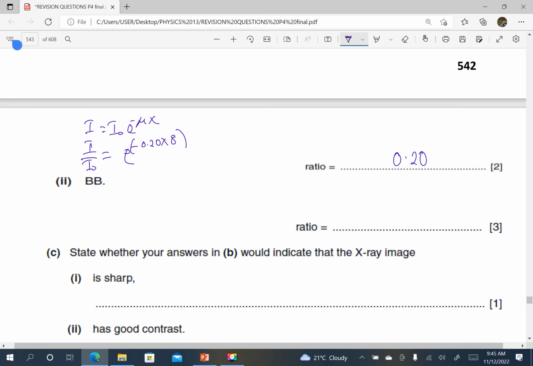Using I equals I naught e power negative mu x, I1 is going to be I naught e power negative, through muscle, because before it reaches bone it is going through muscle, so that is negative 0.2 times the thickness it passes through before it reaches bone, which is 2 centimeters.